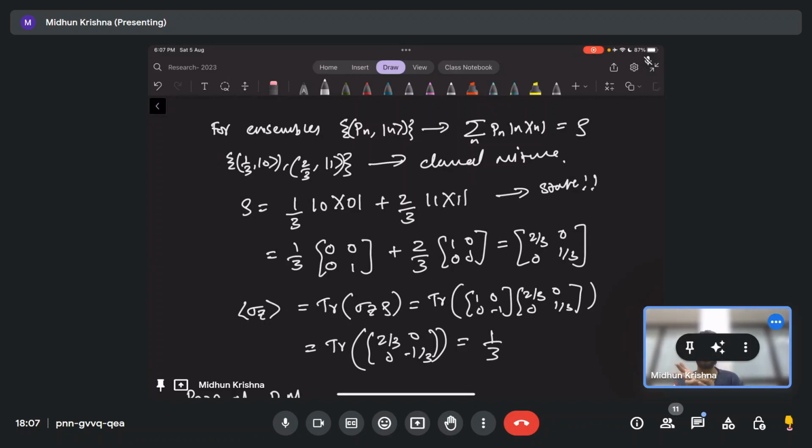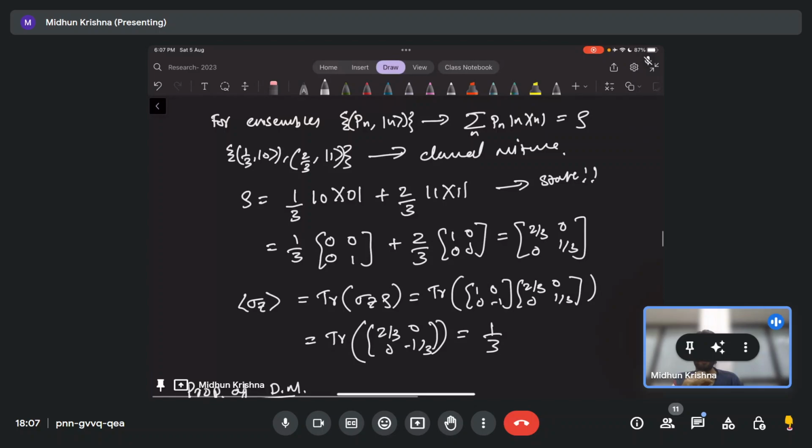Right? So here the density matrix way of representing the state gives you a concrete way of describing the system.